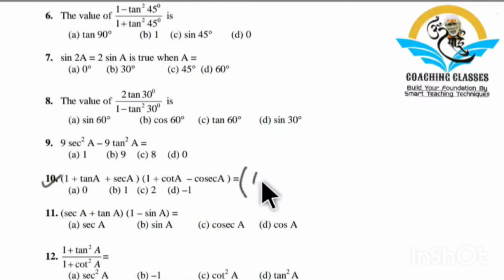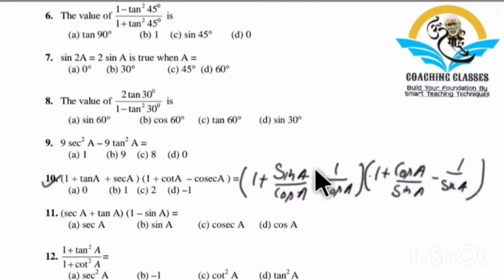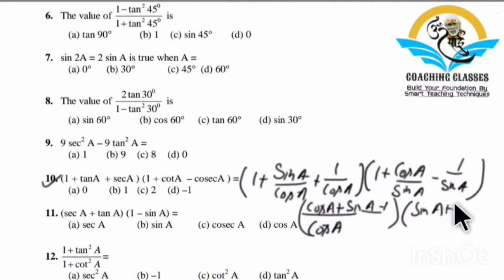Here you know that tan A equal to sin A upon cos A plus sec A is 1 upon cos A. Similarly here cot A equal to cos A upon sin A minus cosec A, 1 upon sin A. Take LCM, you get cos A plus sin A plus 1. Here you get sin A plus cos A minus 1.